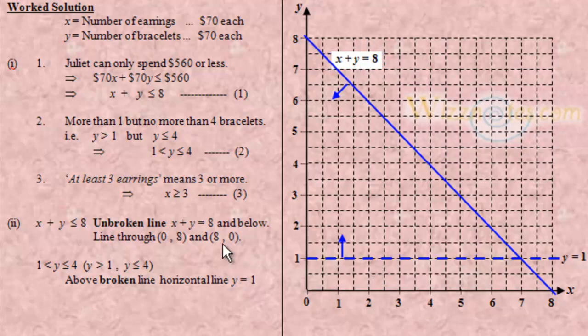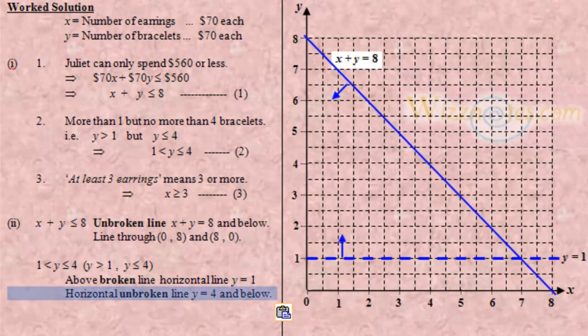Now we want the second part of this inequality, y less than or equal to 4. So this line is going to be a horizontal unbroken line, y equals 4, and we want below the line. So we draw the line unbroken because the equal is there, so the line will be a part of the inequality, and then the less than sign is indicating that we want the region below the line.